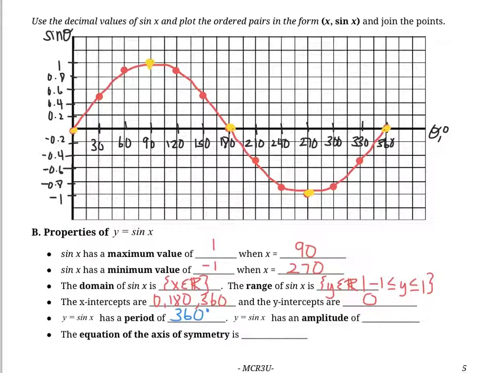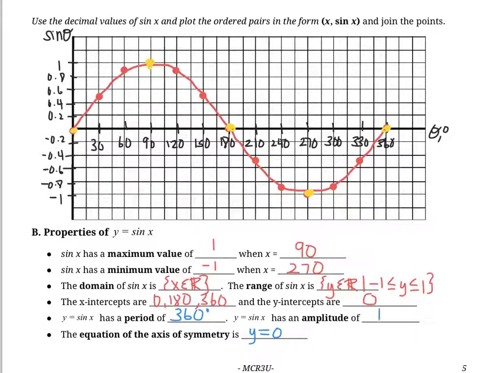Our equation of the axis of symmetry is y equals 0. Therefore, our amplitude is the distance from the maximum to the line y equals 0, which is a distance of 1. It should be the same distance from the minimum to that axis, which is also 1. So it has an amplitude of 1.